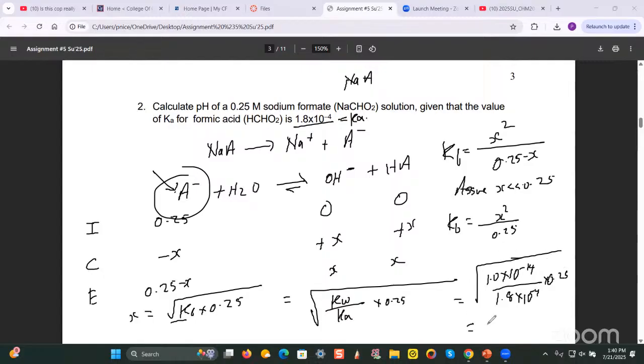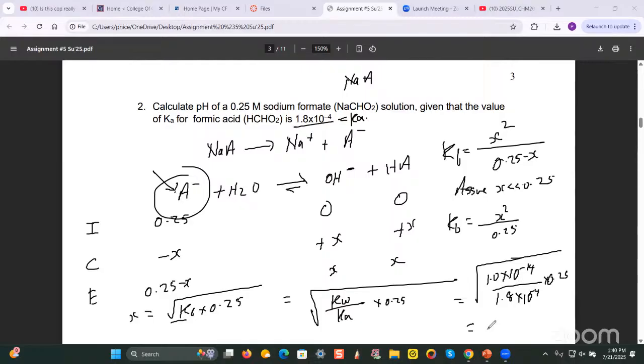So that would be 1 times 10 to the minus 14, times 0.25, and then divided by 1.8 times 10 to the minus 4. And according to my calculation, this works out to be equal to, when rounded off to 2 sig figs, make sure I'm saying the right thing.